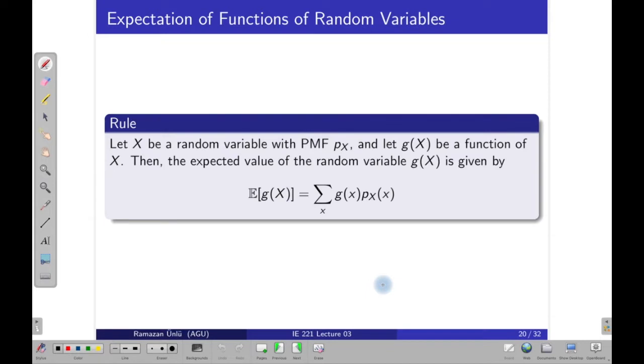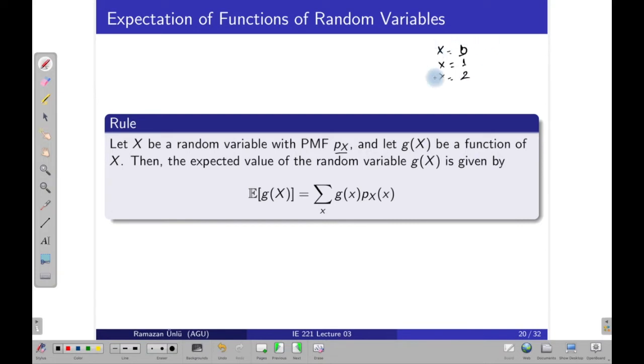So another one is the expectation of functions of a random variable. Let x be a random variable with PMF px, and let g of x be a function of x. What does that mean? In the previous example we assigned some x's, like x is 0, x is 1, x is 2.